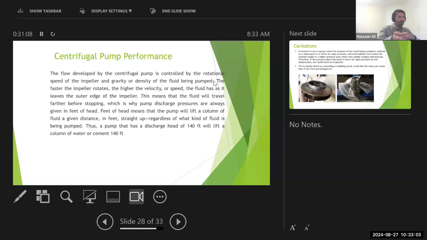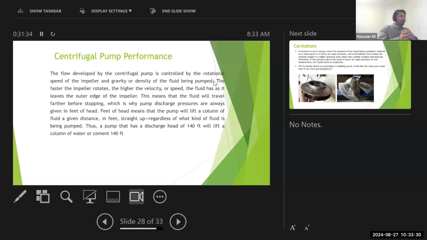The flow that is available from the centrifugal pump is primarily controlled by the rotational speed of the impeller, gravity, and thus the density of the fluid being pumped. You increase your rotational speed, you get a higher flow rate. You decrease it, you get a lower flow rate. It's directly proportional. And that means that the fluid will travel farther.